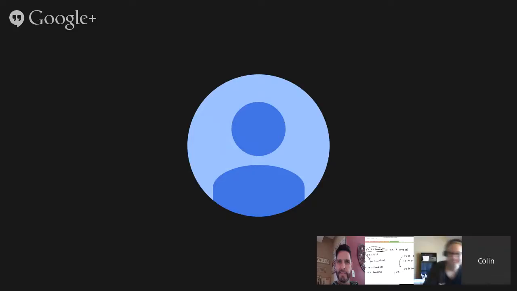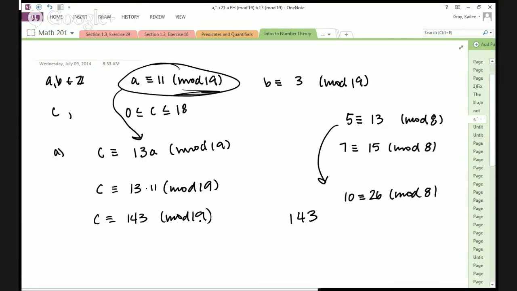So if they're both of the same modular, you can just drop the other one's mod? Okay, yes. But since we're putting it into another equation involving mod, we're not really dropping the mod. That's a great point, because it wouldn't make sense just to write A equals 11, right? It just has a remainder of 11 after dividing by 19. Since this mod is still here, you're still pulling that mod in.